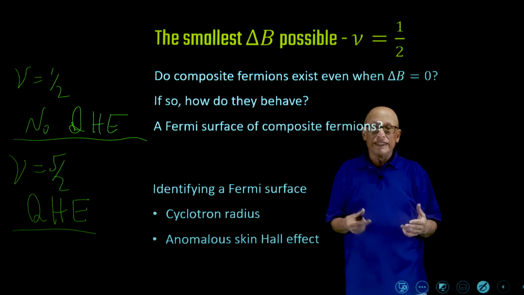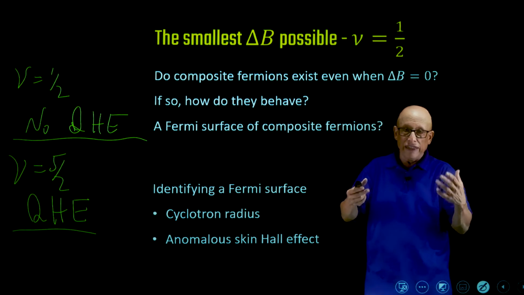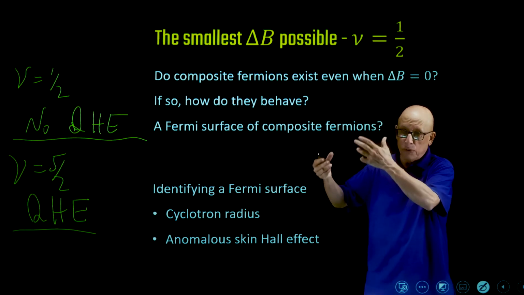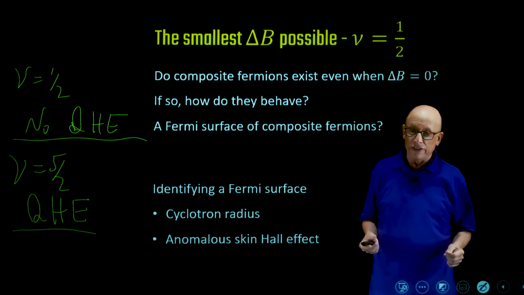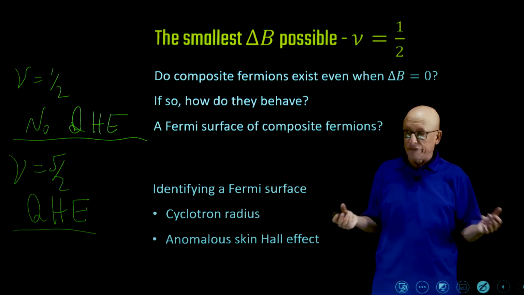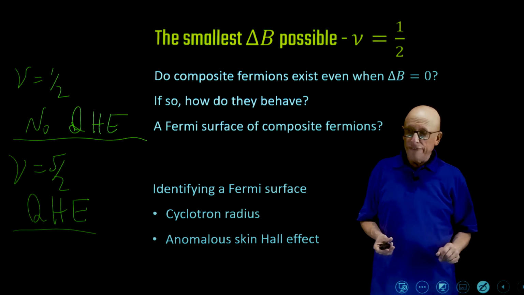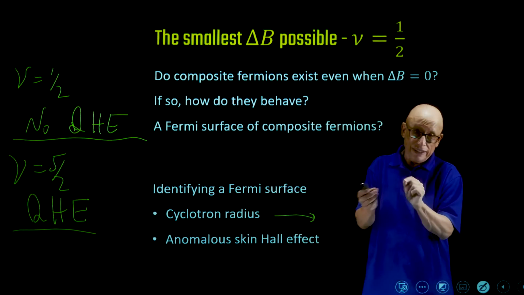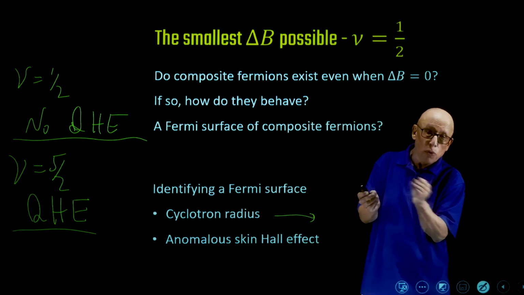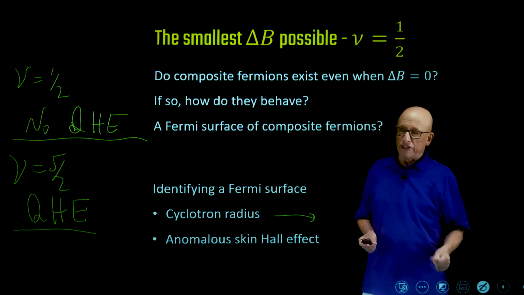So first, let's ask ourselves, can we identify whether the nu equals 1/2 state carries a Fermi surface? How do you recognize a Fermi surface when you see one? There are two ways I'd like to mention. The first one is the cyclotron radius. That, of course, requires you to go slightly away from 0 field, and that is what we discussed in the previous video.